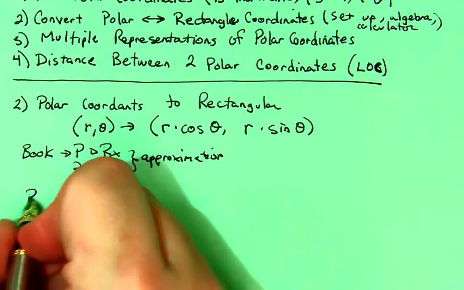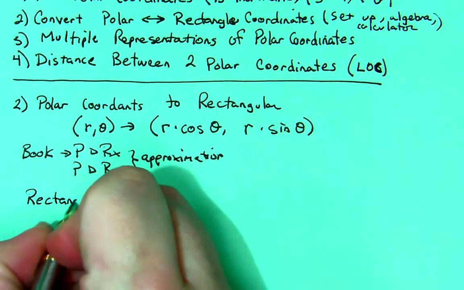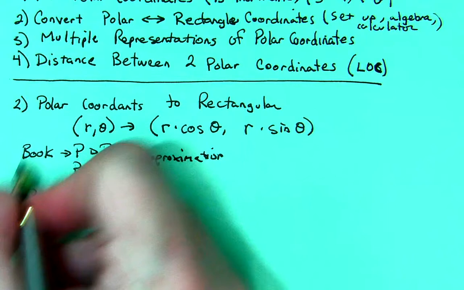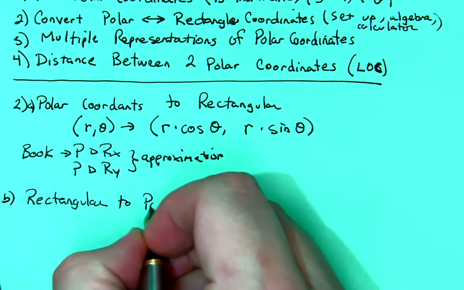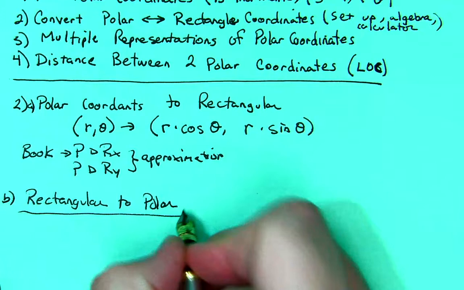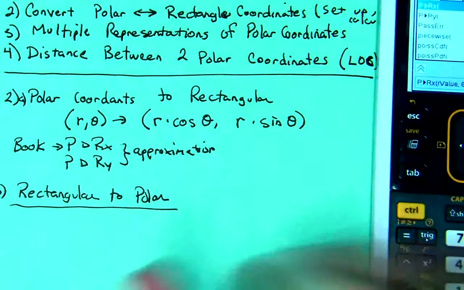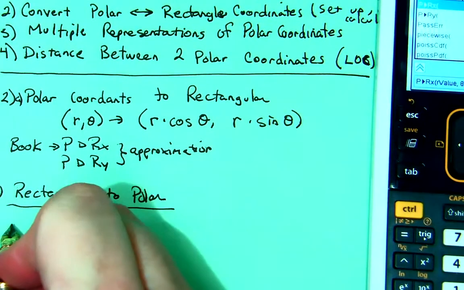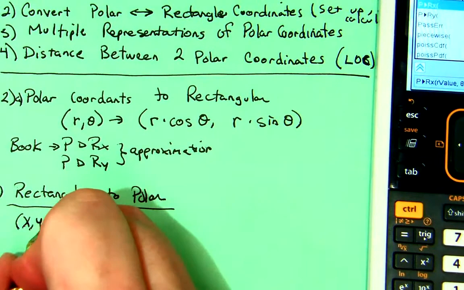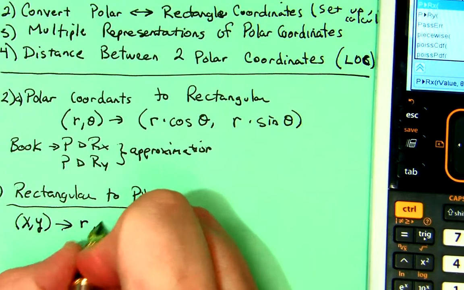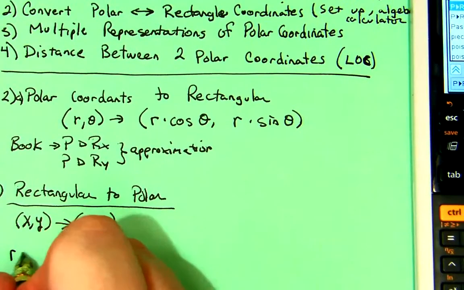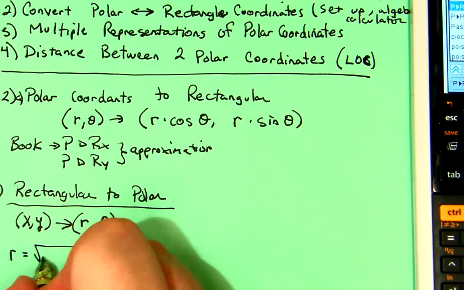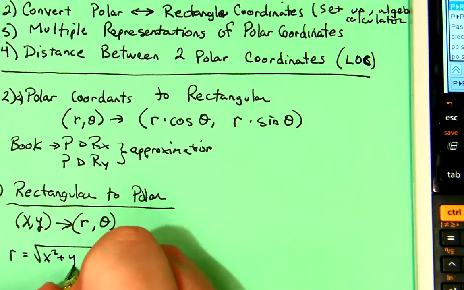Now, if we're going to go rectangular to polar, you have your x, your y, and we want to make this into r, theta. r is going to be equal to the square root of x squared plus y squared.